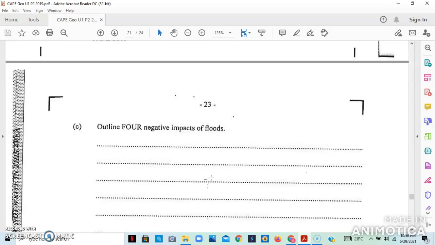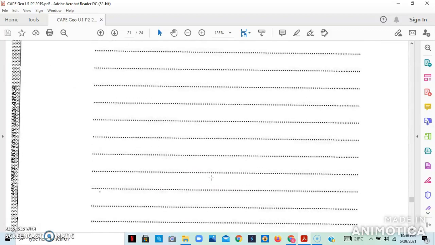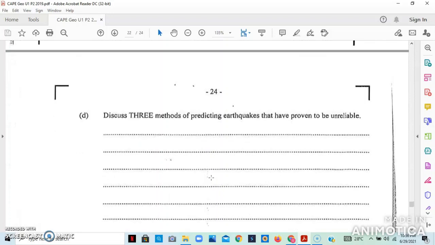We have contamination of drinking water supplies. We can have outbreaks of waterborne diseases, and destruction of underground utilities due to flooding. Once you're able to outline 4 negative impacts of flooding, you should get your marks.